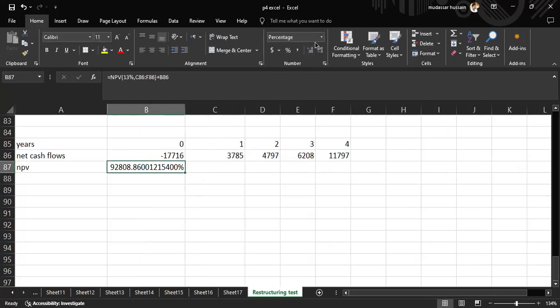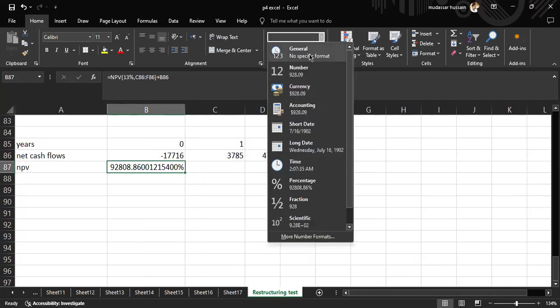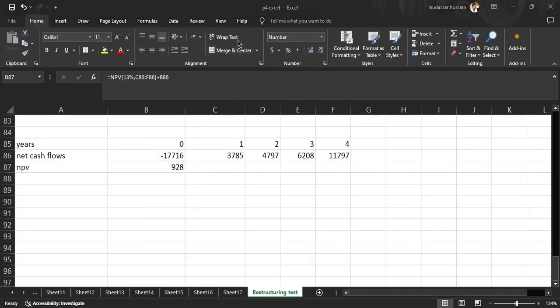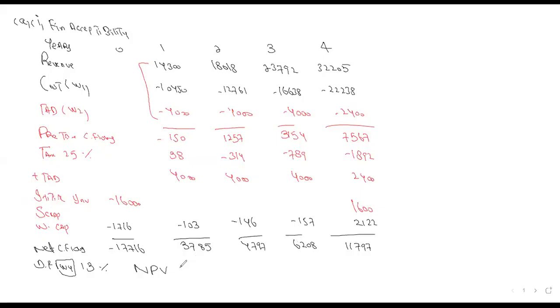What is this coming? 928. I was getting a percentage, so it was confusing me. Okay, so this is coming as 928. 928 will be the NPV of this product. As the NPV is positive, we should accept the product.